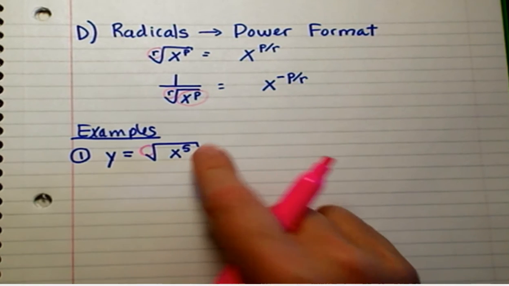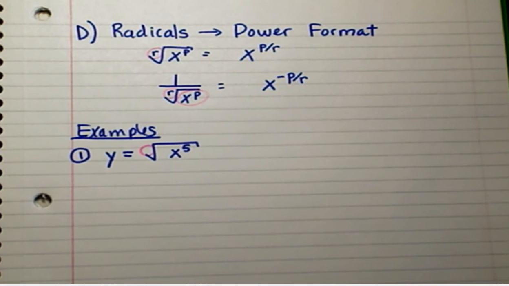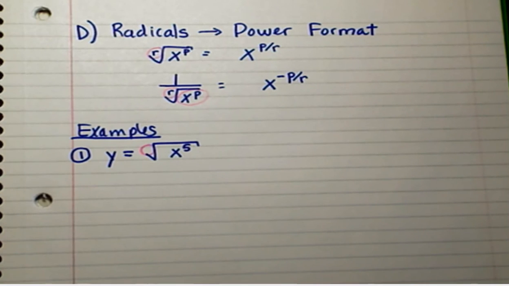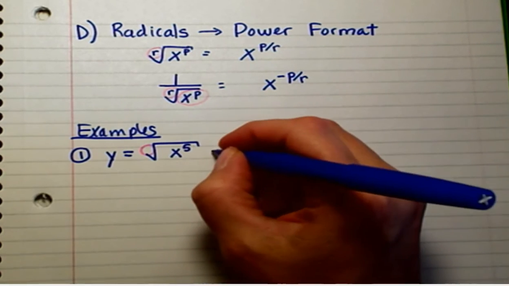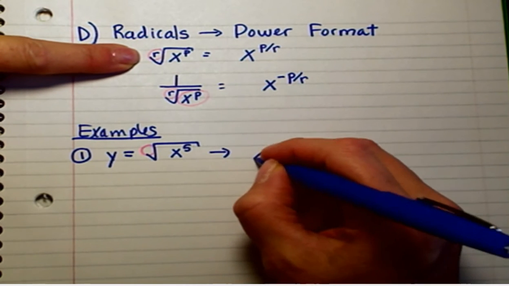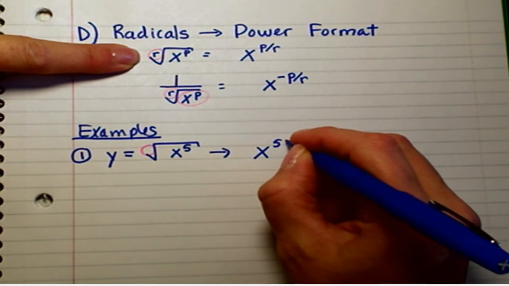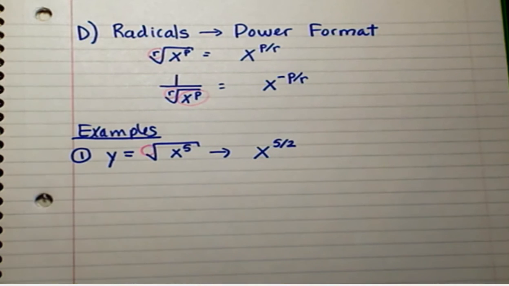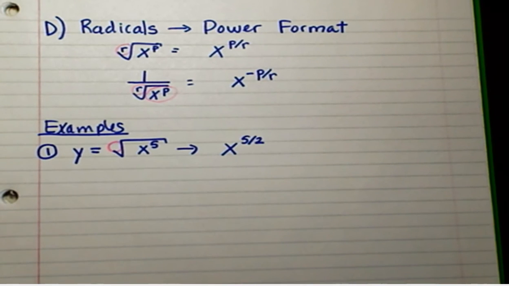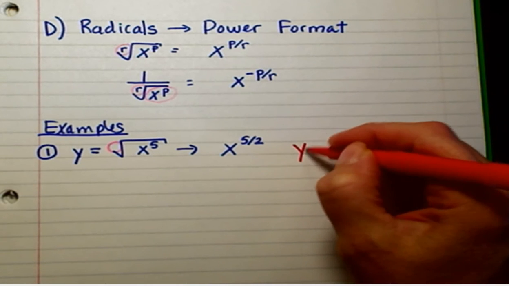Notice how x to the 5th is a positive exponent and it's in the numerator, so I don't need to move it. The only thing I have to move is the root, which is a square root. Okay, so that's this part right here. So it's going to go x to the 5 halves. That's my power format. Now I'm ready for the derivative.